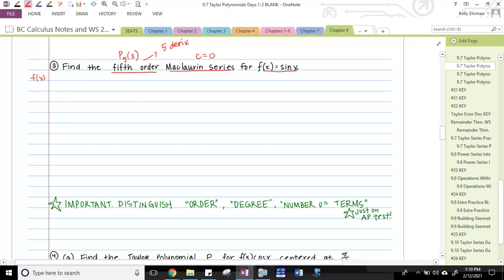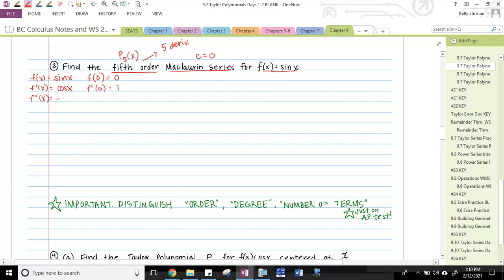F of x is sine x. And what's f of 0? Because 0 is the center. Sine of 0 is 0. F prime of x, first derivative, is cosine x. What is the cosine of 0? 1. Second derivative.